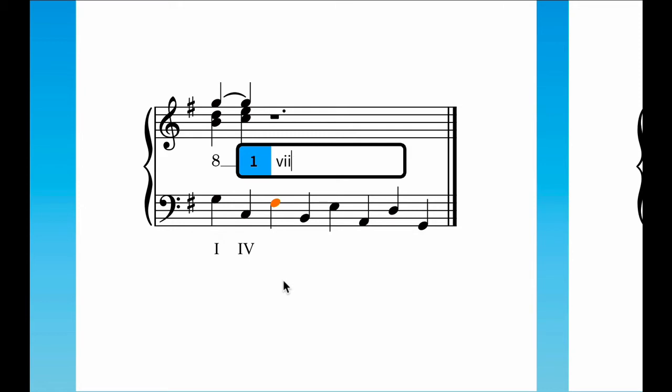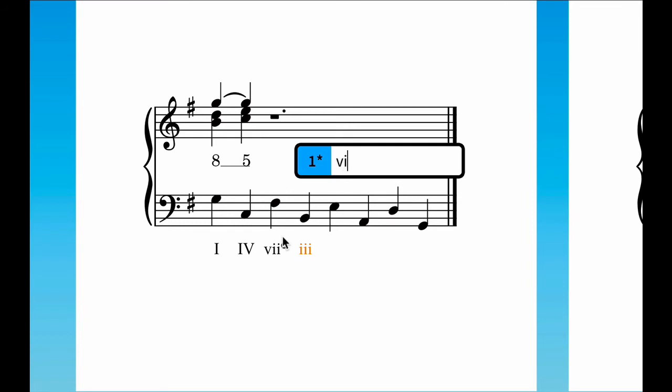Nice thing about these progressions, once again, is that they allow you to use chords in ways that you don't always get to use them. Like this 7 going to 3.